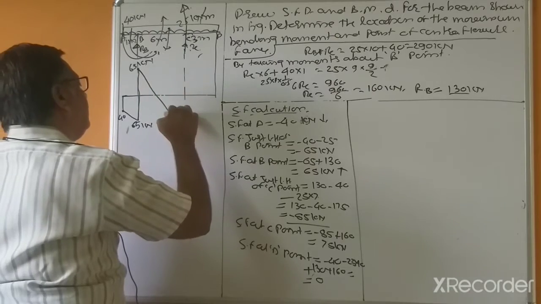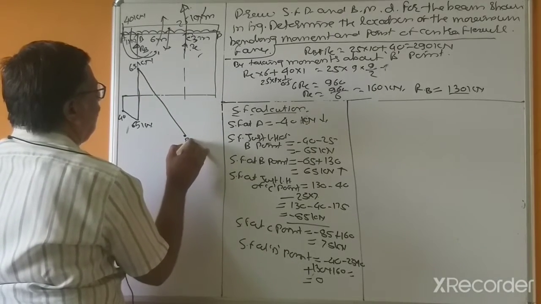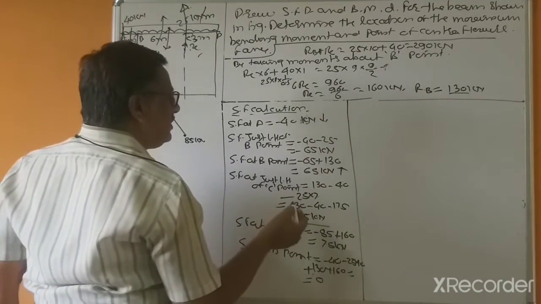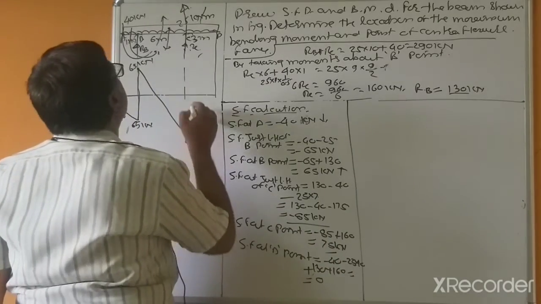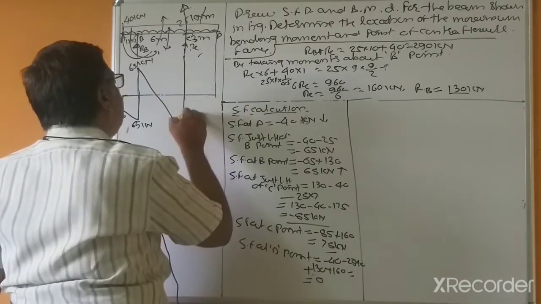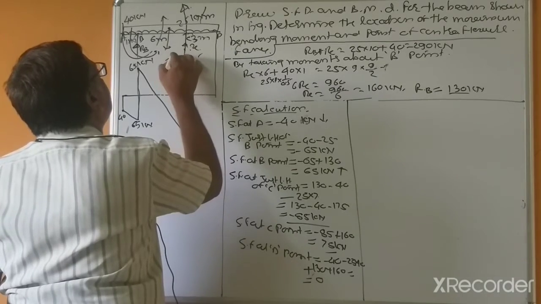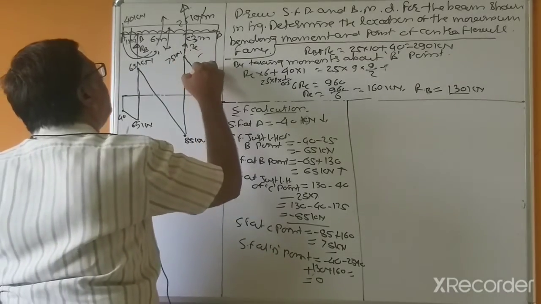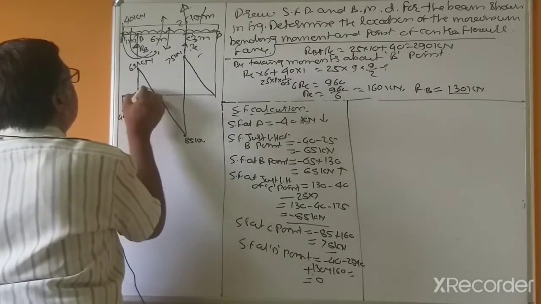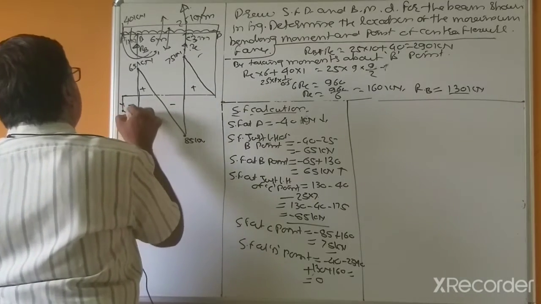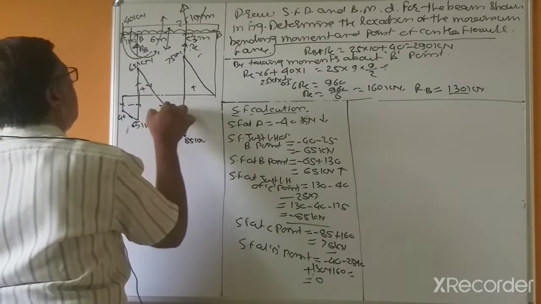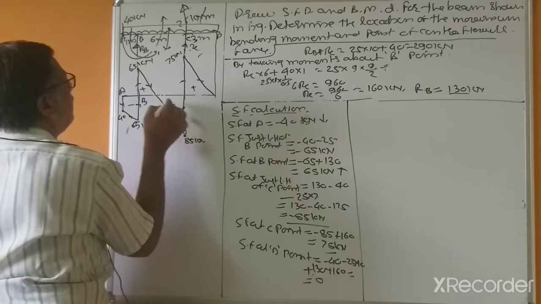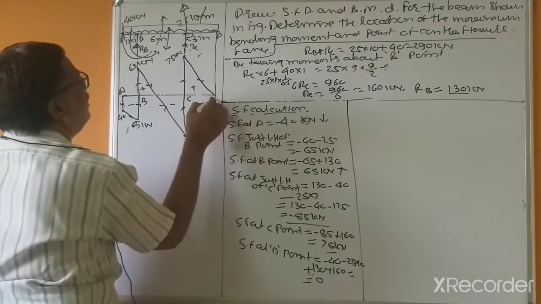This is a straight line, 85 kilonewton, again plus 160 means 75. So just above 75 kilonewton, and this is 25 into 3. Negative, positive, negative, positive. This is the flow of the shear force diagram. Mark all points, A point, B point, C point and D point.